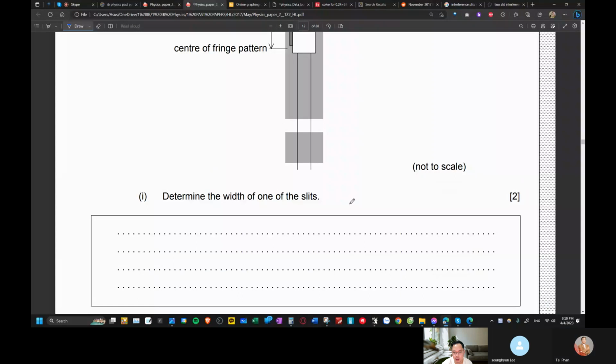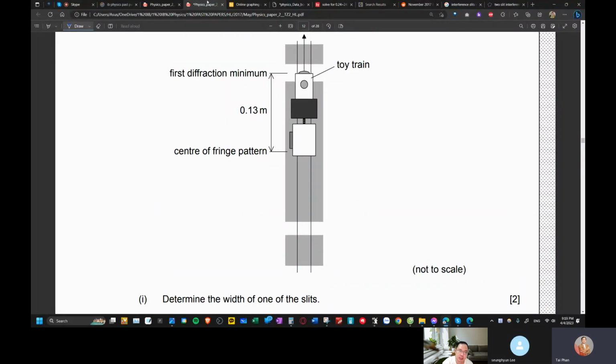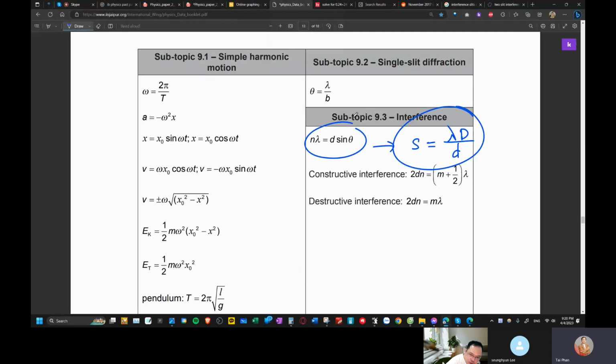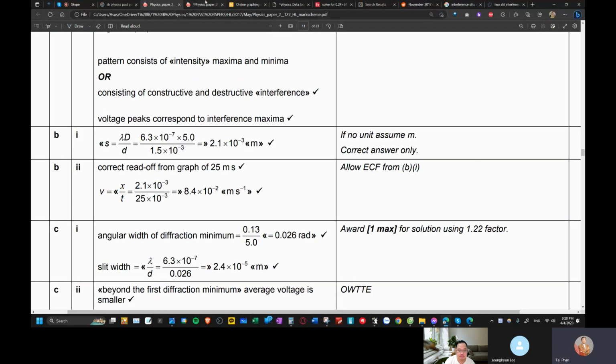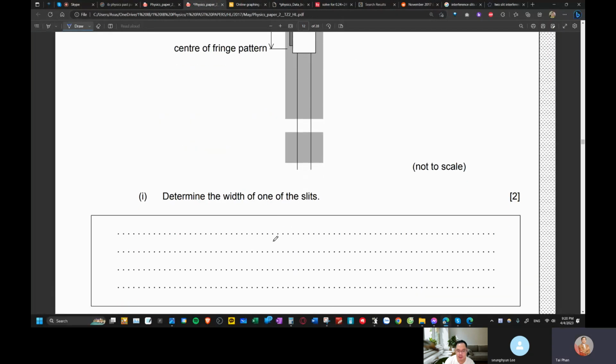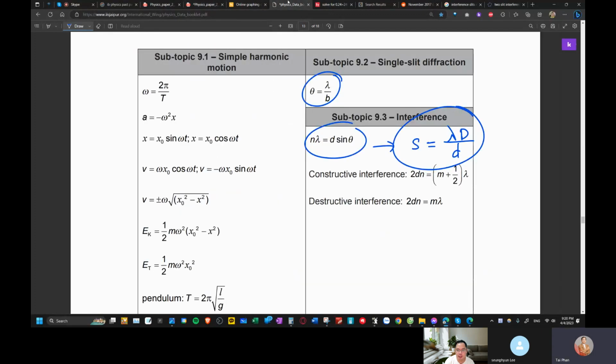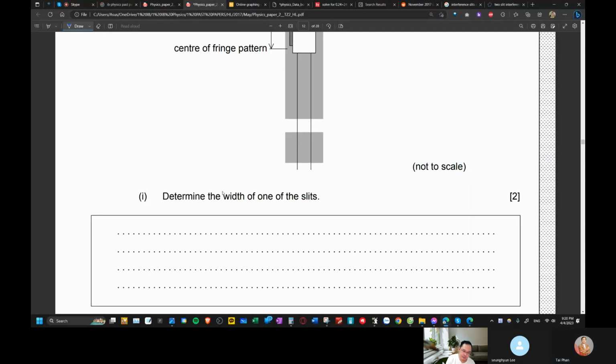Determine the width of one slit. That is the first diffraction minimum, and therefore we can use this formula for the single slit. The formula: theta equals lambda over b.